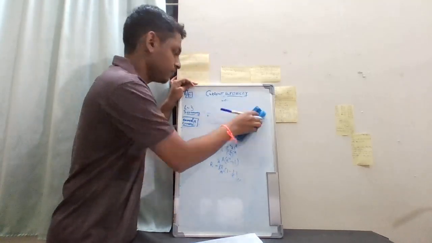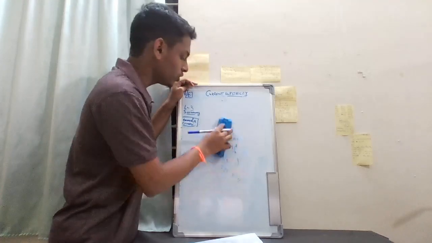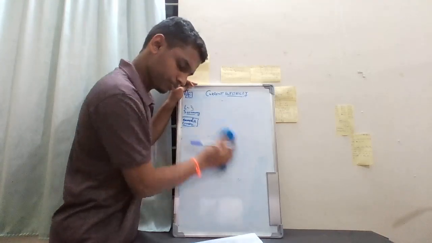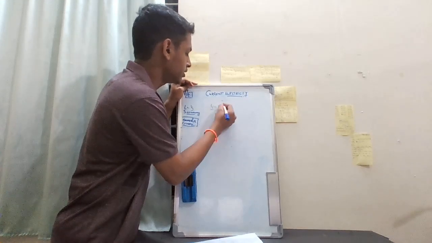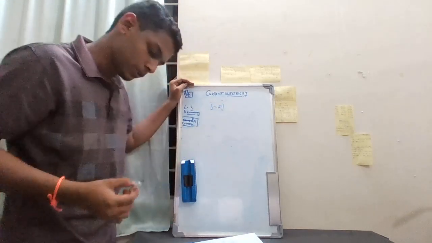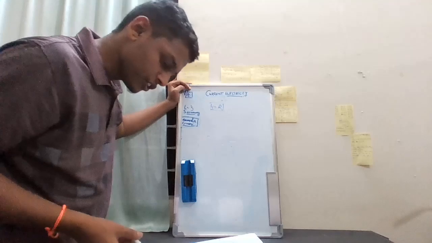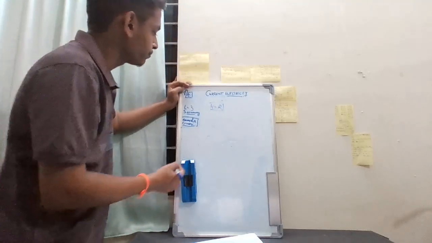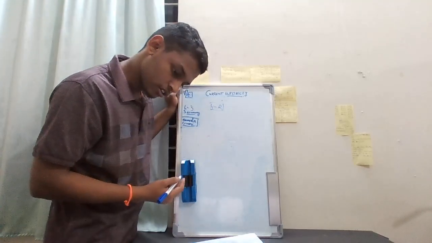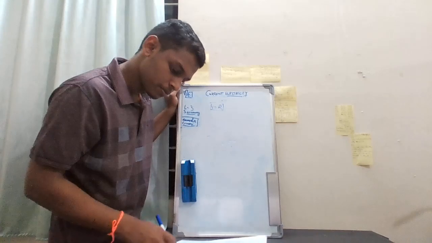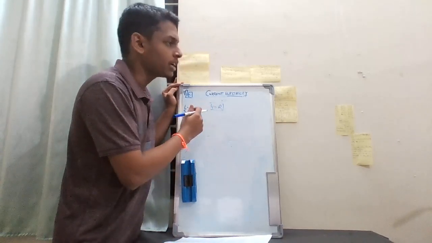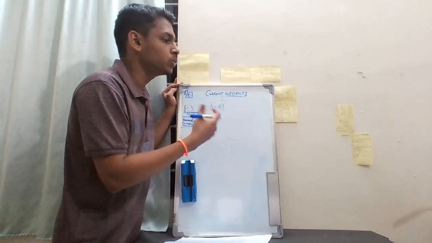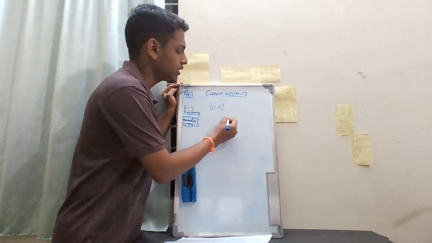Then we later have Ohm's law. Ohm's law is simply V equals IR. The main point we have to remember is that if we move along the current, potential will decrease by IR.